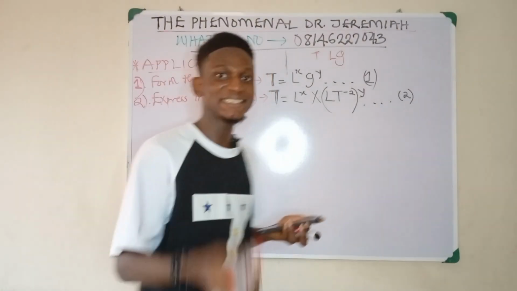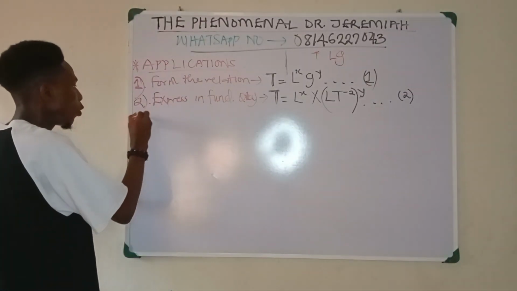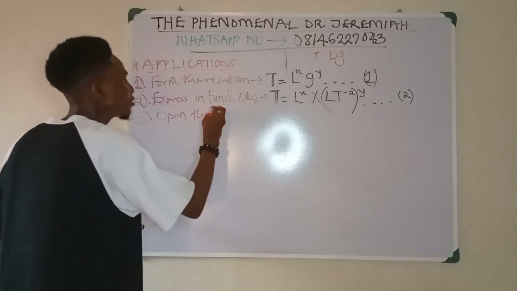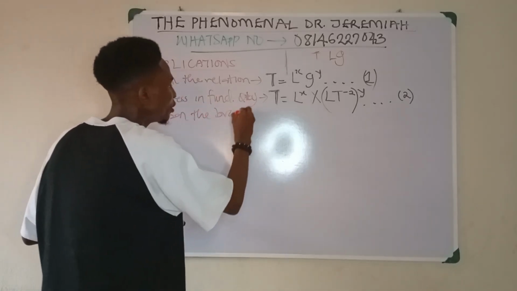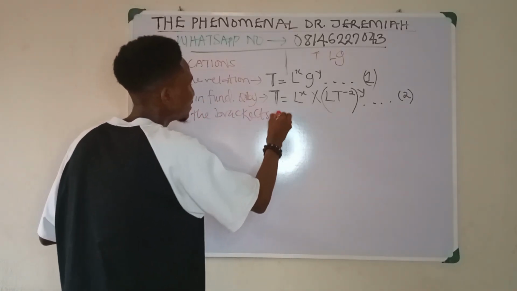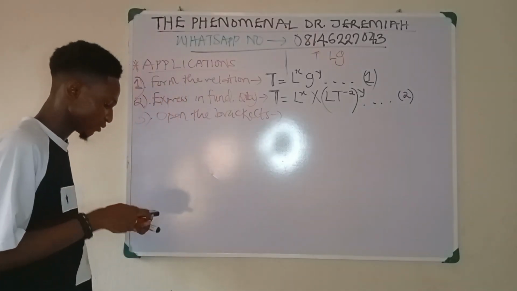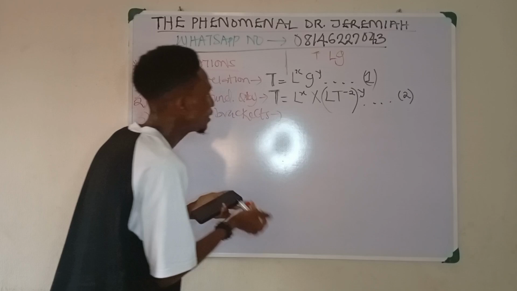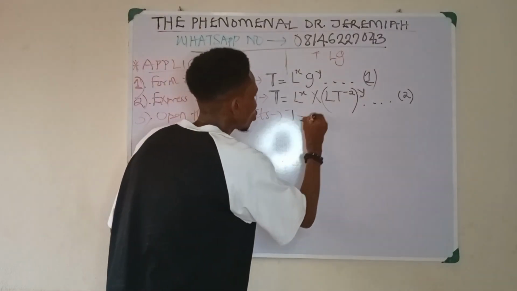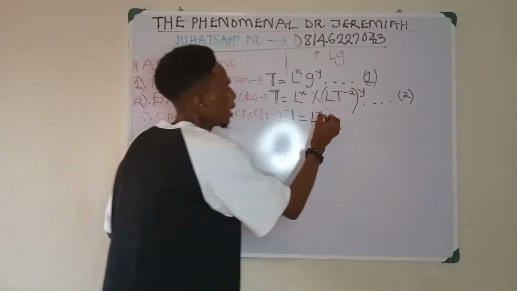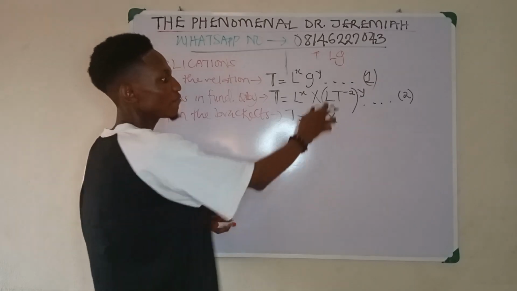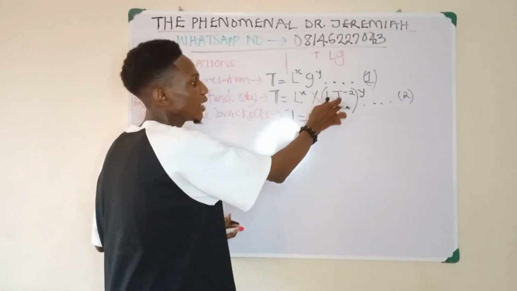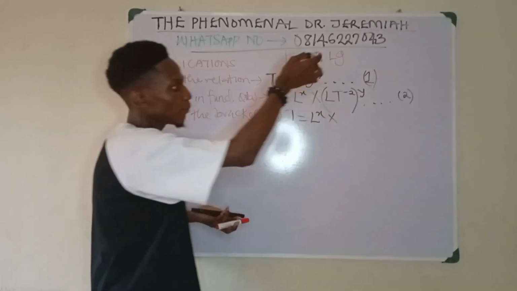Now let's quickly go to the third thing. The third thing is to open the bracket. I'm breaking it down into bits so that if you are a newbie, you get it easier. So while we open the bracket, we are going to have T equals Lx times, when you open the bracket, you're going to have Ly, because the y is for both L and T. So the y is outside.